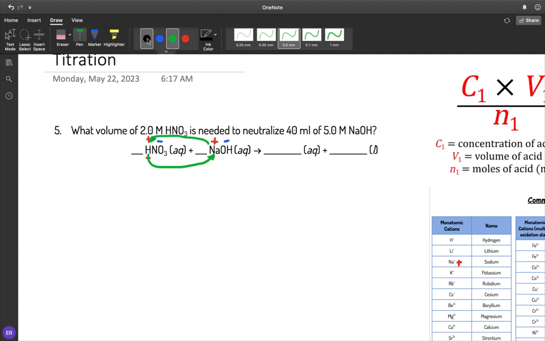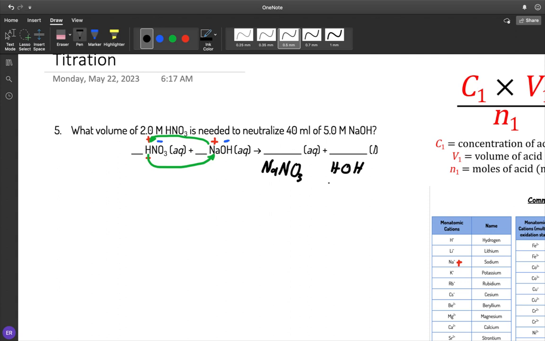Okay, so we end up having NaNO3, and then over here we have HOH, which hopefully you can see that this becomes water.